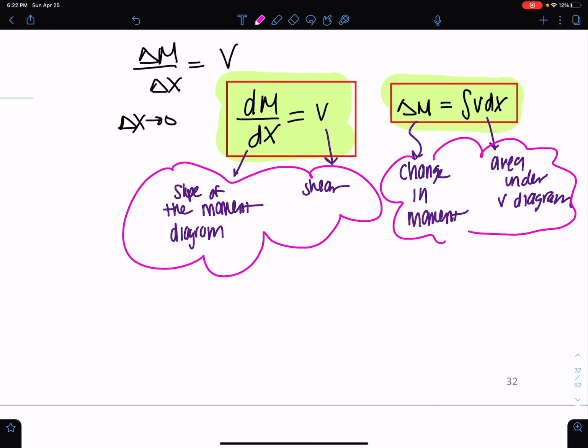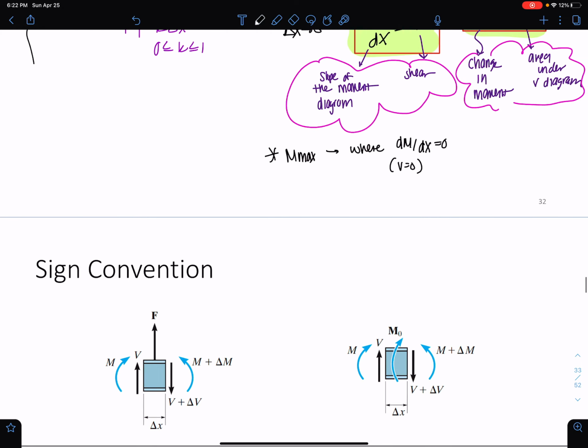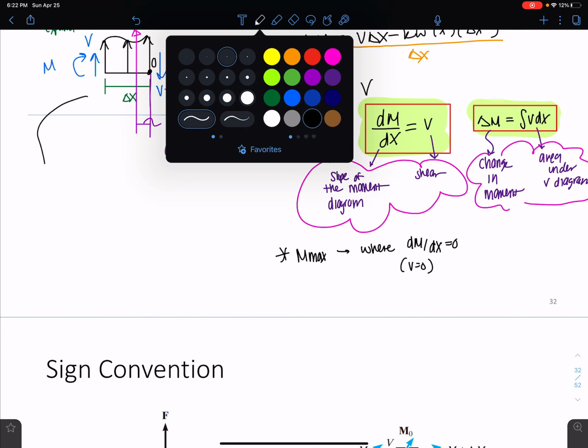Okay, where can we find our M max? This is also super important, right? This happens where dM over dx equals 0. So basically when shear is 0. Okay, now one thing to note here before we get to the sign convention, note this is very important.